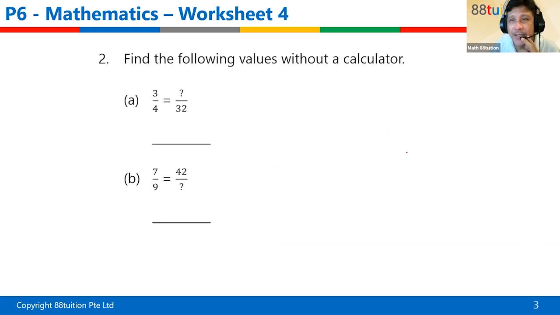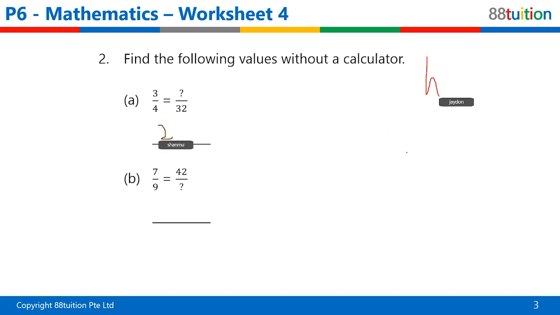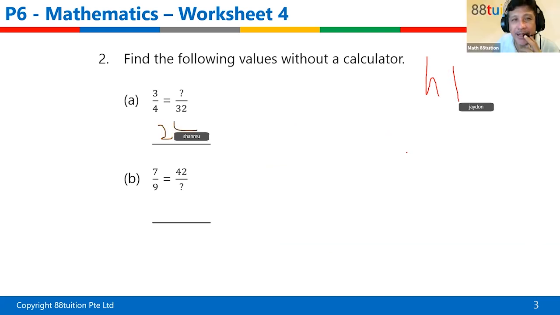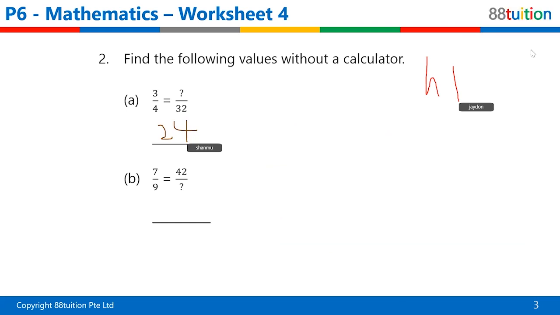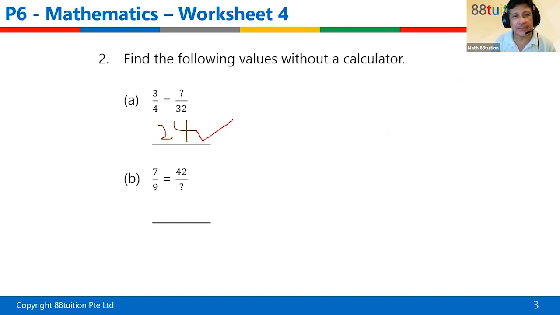Oh, they are all very quiet. Shanmu try A and then Anika try B. Okay, A is already correct. Well done. Because this one is times 8.